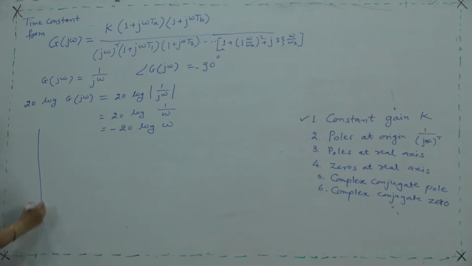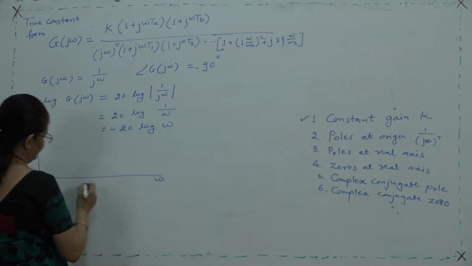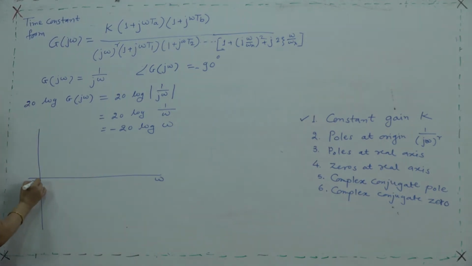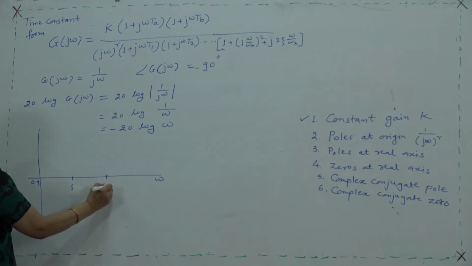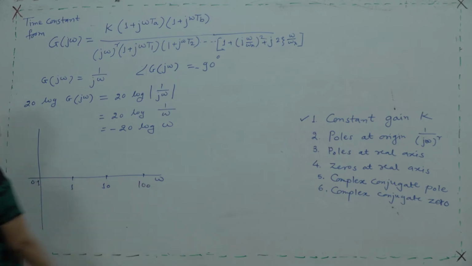Now, we want to draw it on the Bode plot. So, this is omega. I will not write every time that this is a logarithmic scale, because you know very well you have to use the semi-log paper. Omega is on the logarithmic scale and the real scale is for the magnitude. So, 0.1, 1, 10, because it is logarithmic, we can write the frequencies in this way.